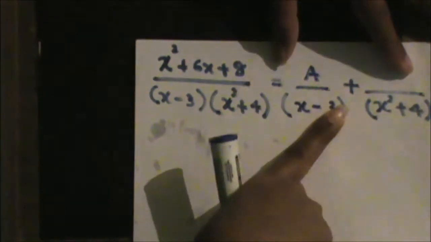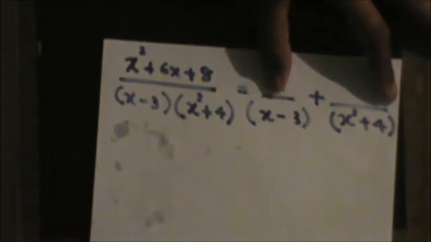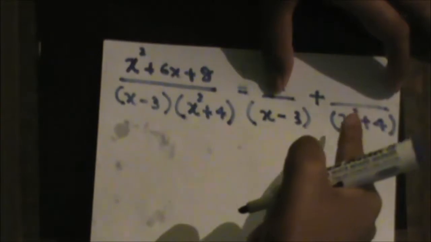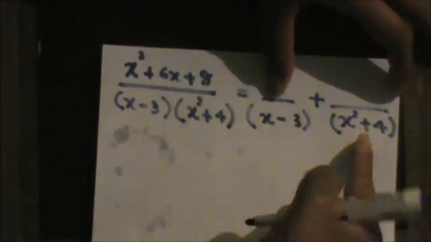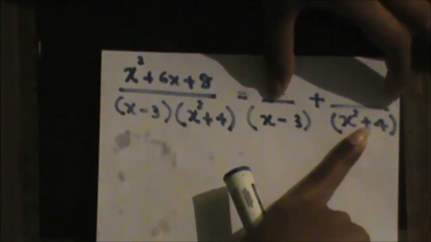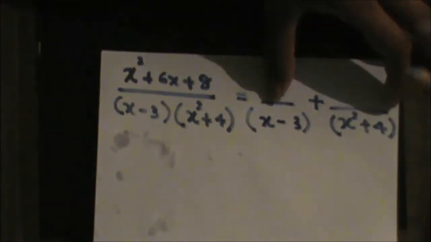As I mentioned in the last video, if you have a squared or cubic term inside this bracket, you have to write a numerator expression with a degree 1 less than the power in the denominator. In the last video we had x plus 4, where the highest power of the denominator in this fraction was 1, so 1 minus 1 is 0, so we had to write a constant.